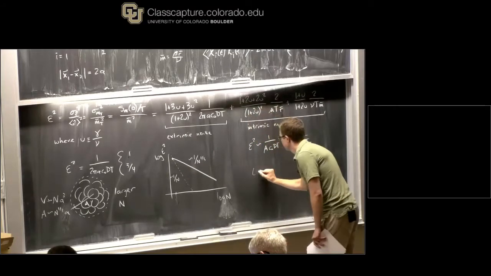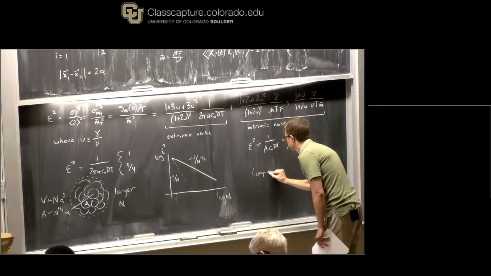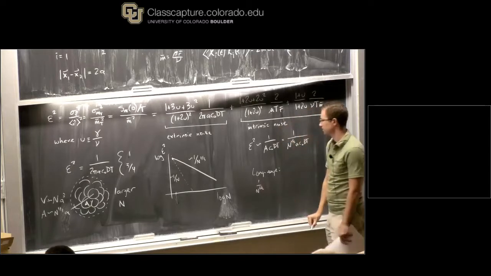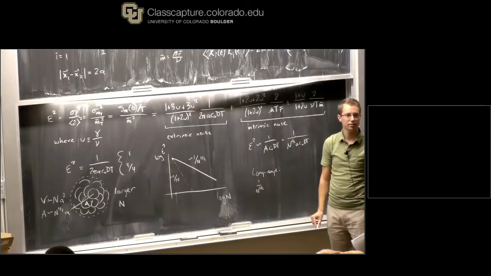So here, for long range, maybe 1 over n to the 1/2 is a guess. So you think it'll do better? If it's not too far. Yeah, if it's not too far. Any other guesses?